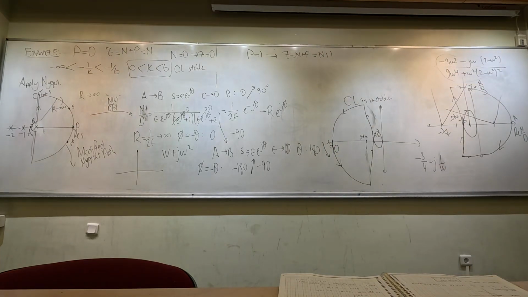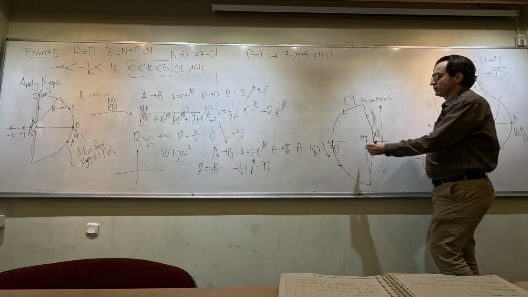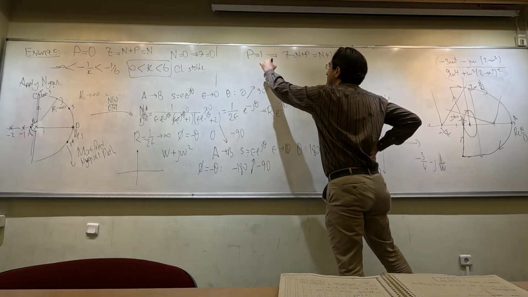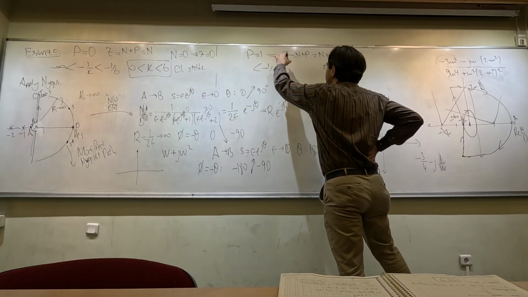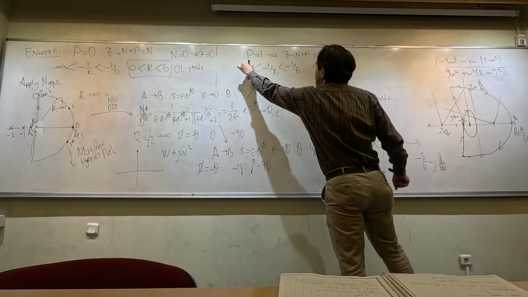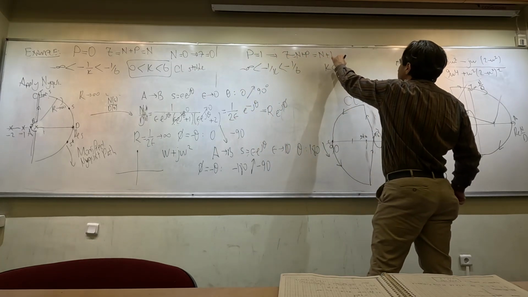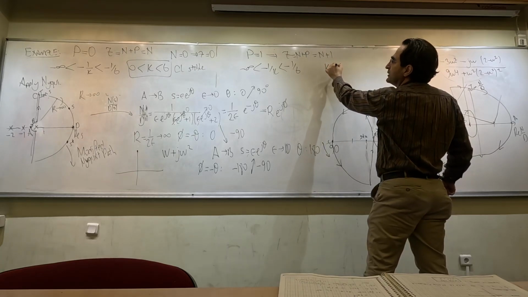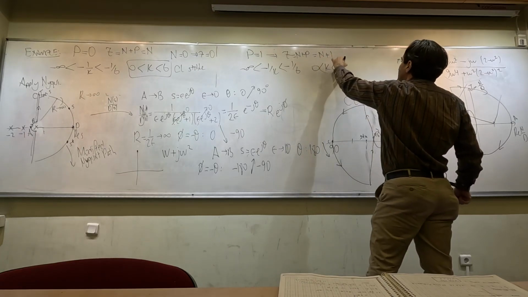And now I'm going to be looking at the encirclements. When minus 1 over K is between minus 1 over 6 and minus infinity, K is going to be between 0 and 6.